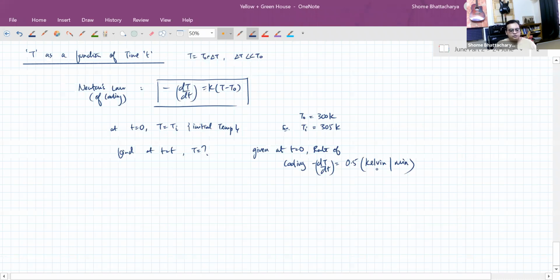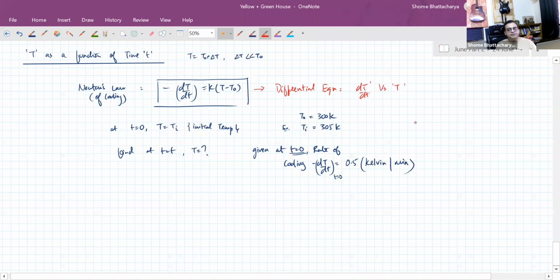So if the rate of cooling initially at t equal to 0 is 0.5 Kelvin per minute, how will we find the temperature as a function of time? What we have here is what we call a differential equation. It is an equation that relates this rate to the temperature.